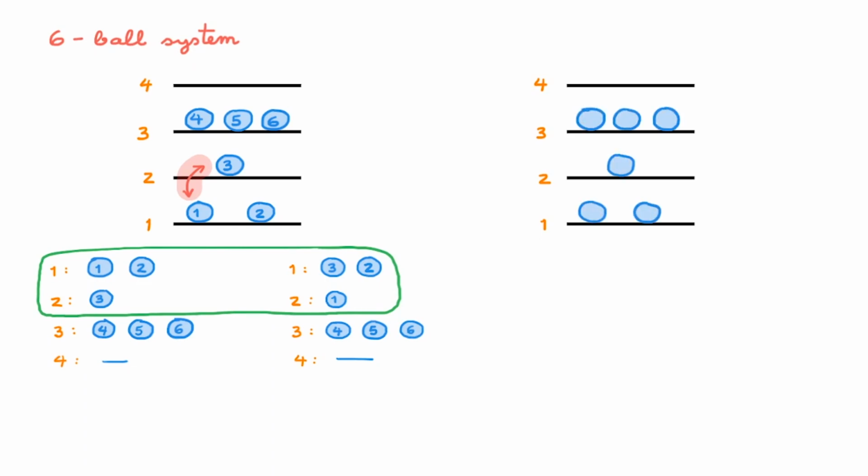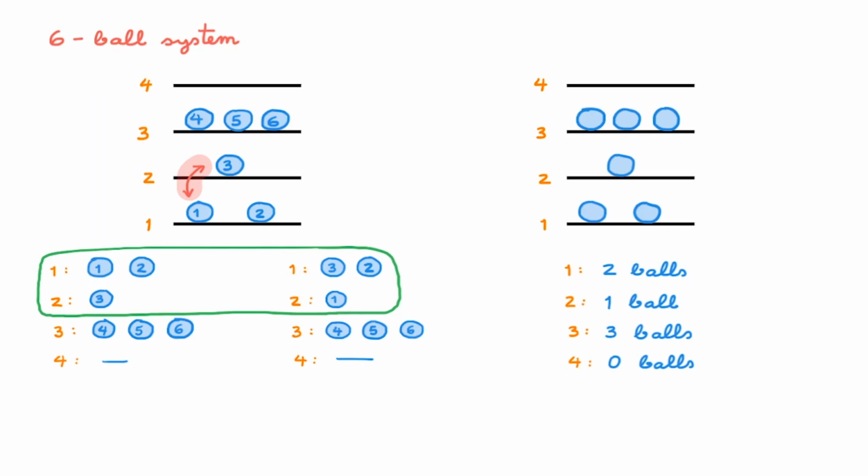Consider a new description in which we only specify how many balls are in each level, irrespective of which ball is which, so that in level 1 we have 2 balls, in level 2 we have 1 ball, in level 3 we have 3 balls, and in level 4 we have 0 balls. We don't even need to draw the balls because we already know they are identical, all we need is the number of balls in each level. This is precisely the sort of description we're looking for.